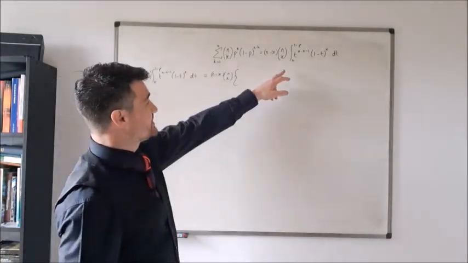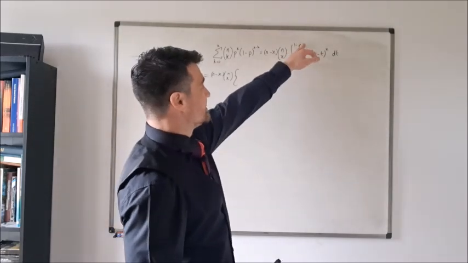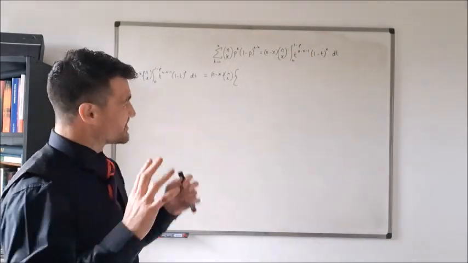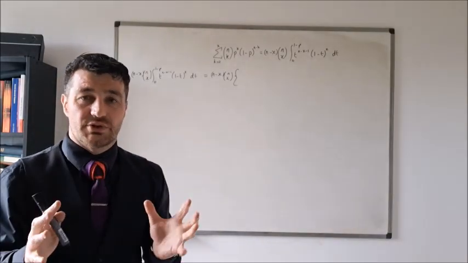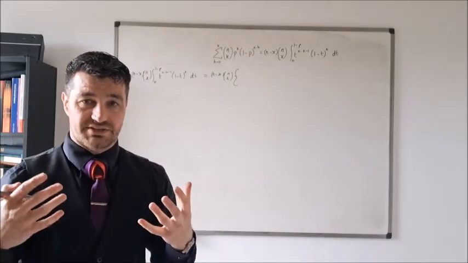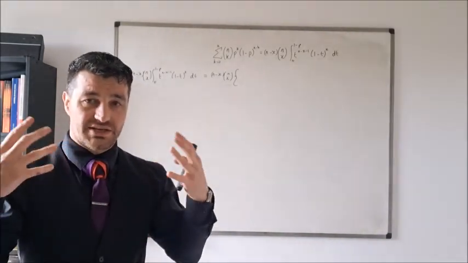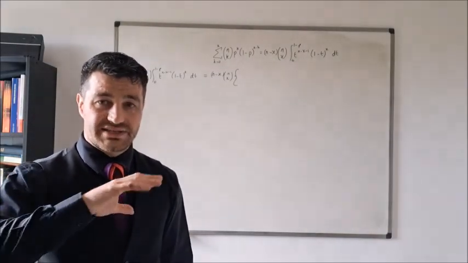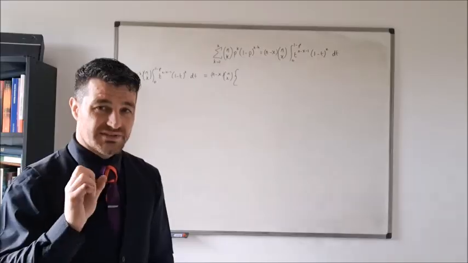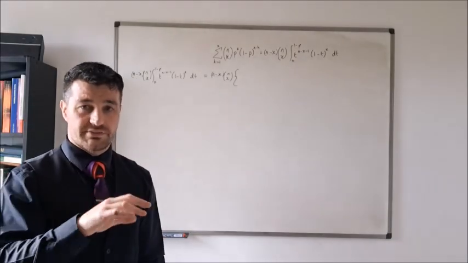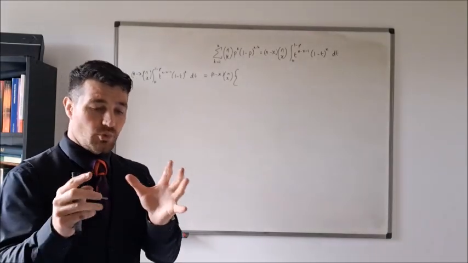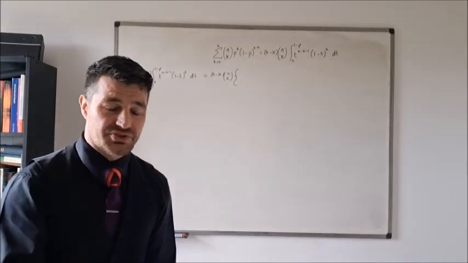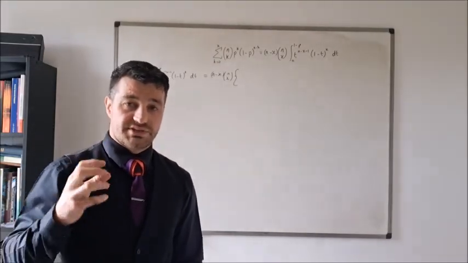Plus, notice that this is a definite integral as well, so you've got limits, which means that you should be able to get rid of the integral at some point. Anyway, there's just a few clues there that are suggesting things to you, and it's important that you pay attention to these. Whether they actually turn into something useful, that's an entirely different issue, but you're picking up on little clues here and there, comparing what you see in front of you to things that you might have seen previously. And this is why it's essential to learn to solve problems.